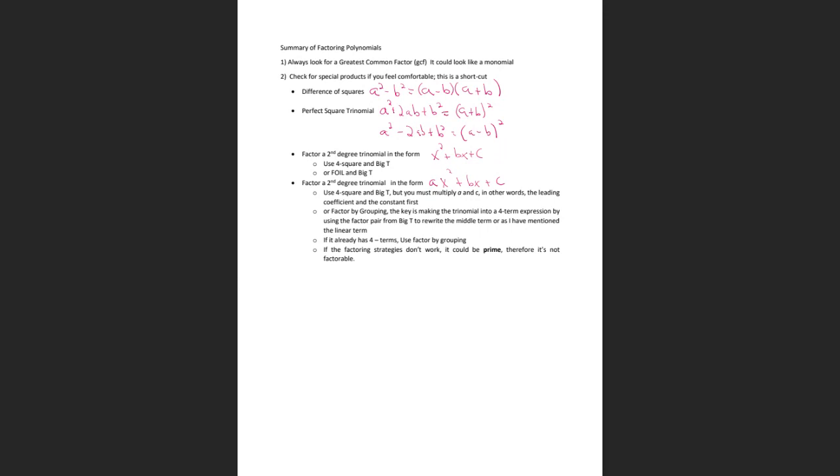Now remember though, if it's a second degree trinomial where there is a coefficient that's not 1 in front, remember you've got to multiply the A times the C. In other words, the leading coefficient and the constant first. Then you can go into big T. So if you use 4 square and big T, you have those steps to go through.